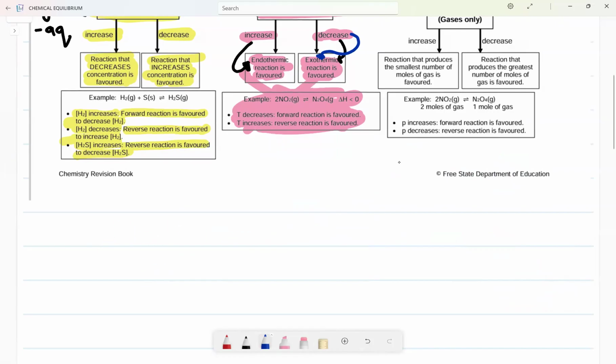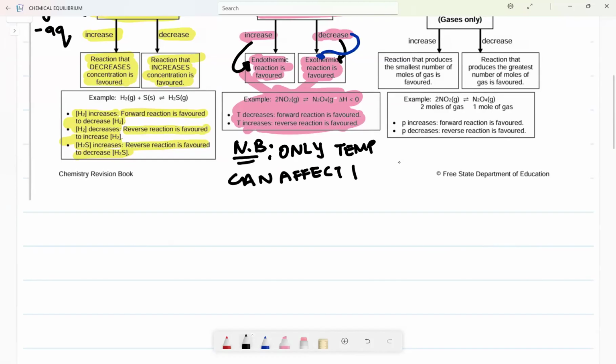For your information here, take note. I will emphasize this also when I'm talking about Kc calculations. Only temperature can affect the Kc value.